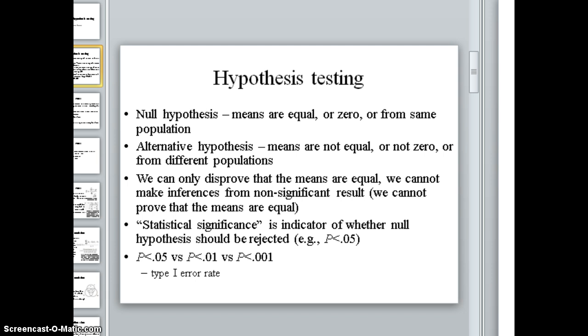We could have two groups and take their means, and they could have a very large difference in the means. That might just be due to chance. That's what the p-value indicates: how frequently, just due to chance, are we willing to reject the null hypothesis and have it be a false positive.